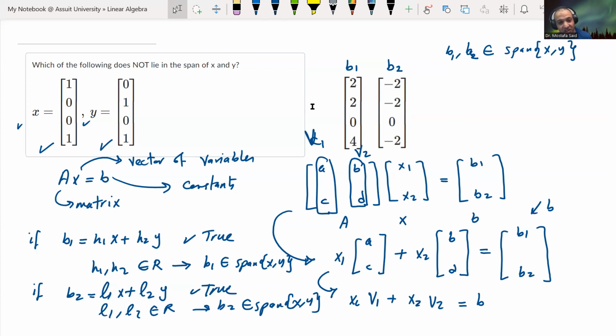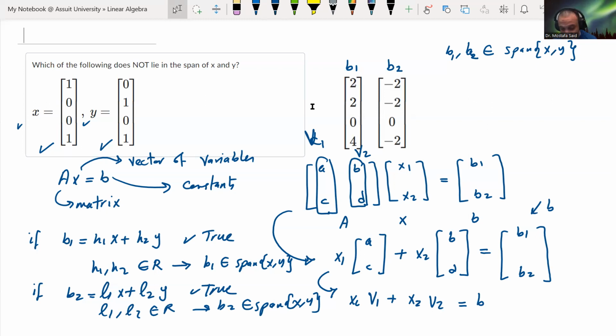Okay, basically finding the variables in some equation systems. Okay, and if there is a solution, then B1 or B2 belongs to the subspace of X and Y. Okay, so that's what we're gonna do.